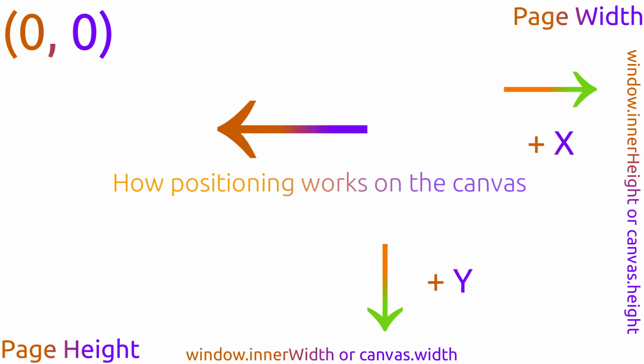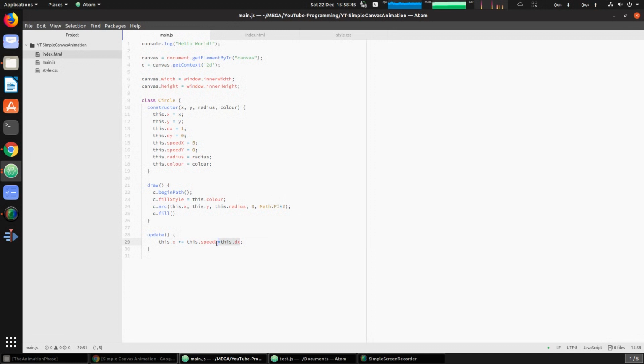Okay? So if this was 0, then we're multiplying it by 0, just making nothing happen at all. Anything multiplied by 0 is equal to 0, so this would be resolved to 0, so this.x plus equals 0.